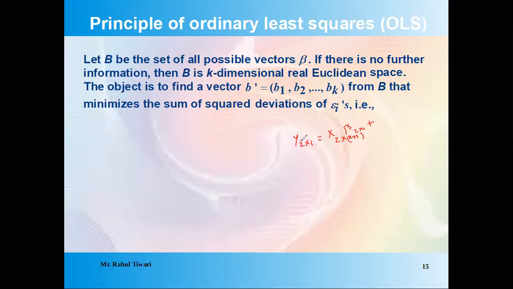So what I'm trying to say here is that instead of k dimensional, we have a 2 dimensional space. Dimension is 2 means y1, y2 will be there. Similarly, we have y1, y2 up to yn, and here we have beta naught, beta 1, and so on up to beta k. That's why it is k dimensional, because this is nothing but your B. So this B is a k dimensional Euclidean real space.